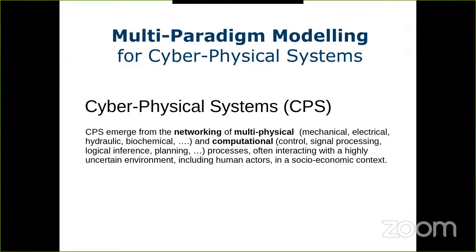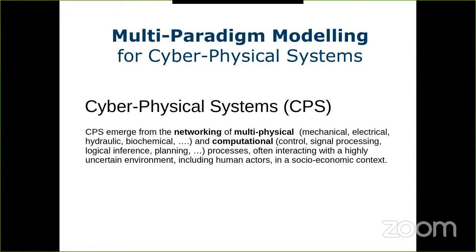And what are cyber-physical systems? The running definition, which we had during this COST action, was that cyber-physical systems emerge from the networking of multi-physical, and that means mechanical, electrical, hydraulic, biochemical, and so forth, and computational, such as control, signal processing, logical inferencing, planning processes, often interacting with a highly uncertain environment, including human actors, which obviously leads to a lot of uncertainty in a socio-economic context.